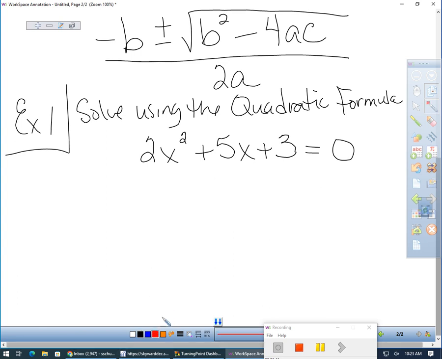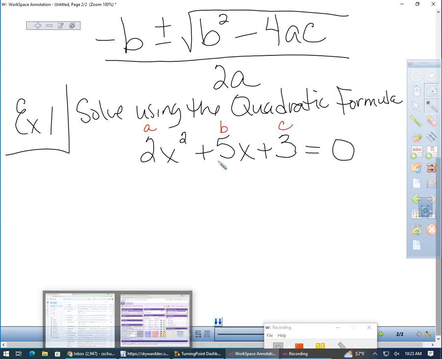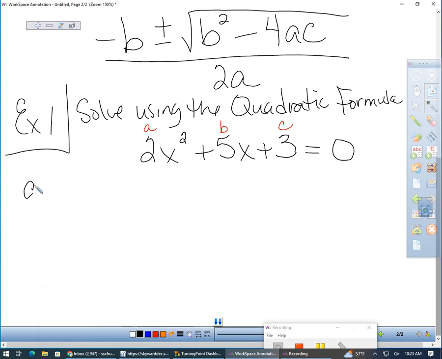I want to remind you that this is our A, this is our B, and this is our C. So one of the requirements I'm going to have for today is I need you to actually list our A, B, and C. So I want you to come over on the side and say A equals 2, B equals 5, and C equals 3. That way when I go to check your work, I see you know what those numbers are, right? So that when we're plugging them in, I know you understand that part.